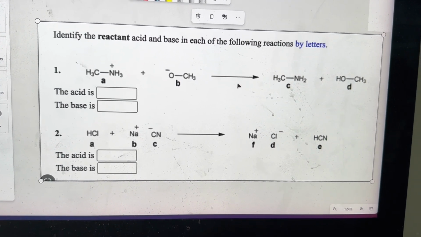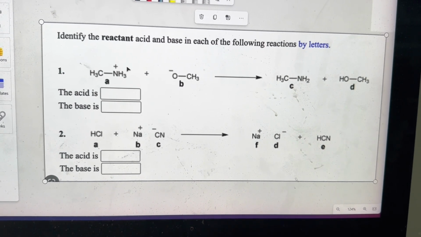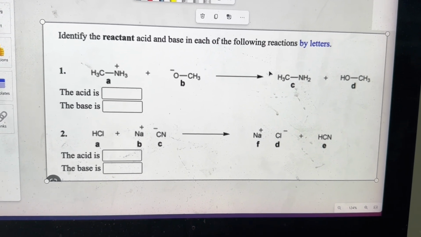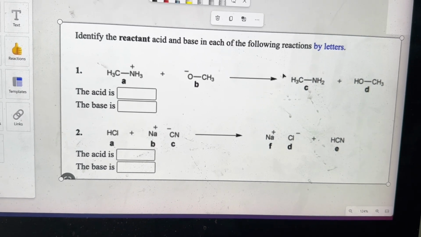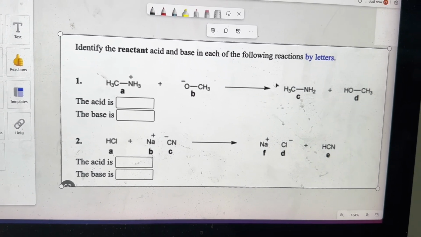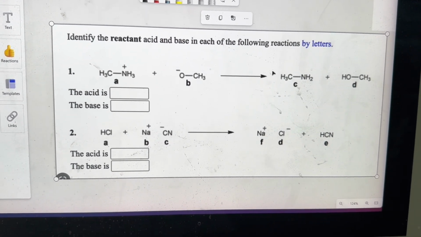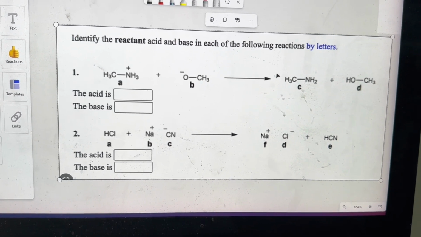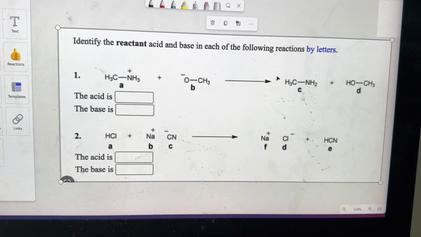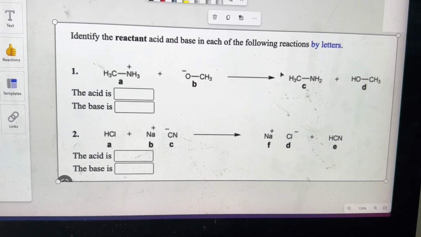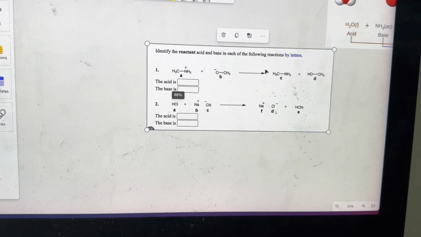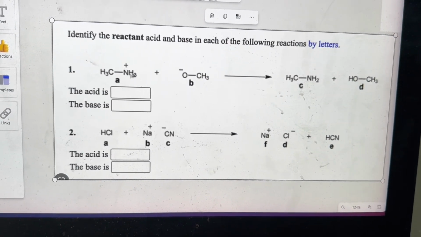It's got 2 over here and 1. So it donated one of its hydrogens. So does that mean it's the acid, or does that mean it's the base? Hopefully you're seeing that it is acting as our acid because it is donating a hydrogen. It's losing one. It's giving it away to something else. So our acid would be A.